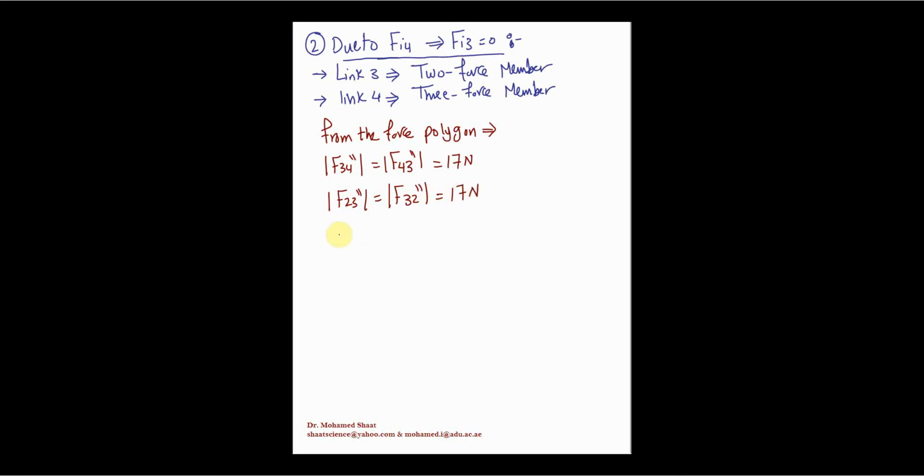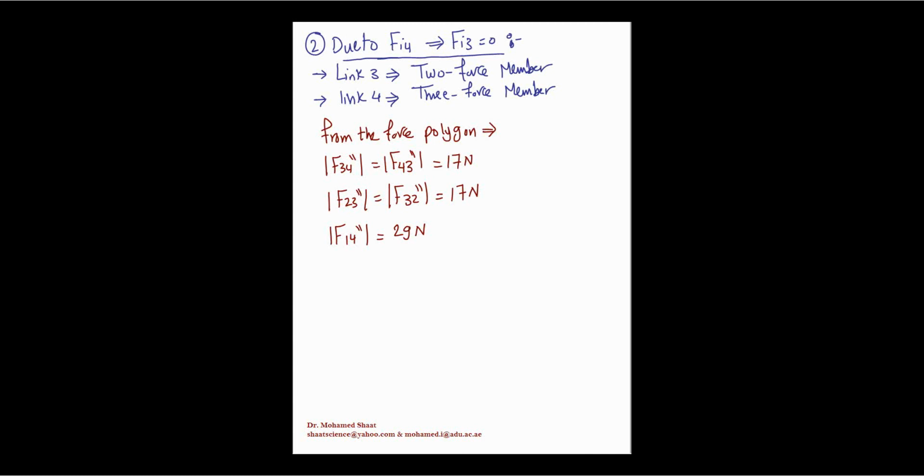So we got them equivalent, and we do have the magnitude of the force F14 double dash, which we got as 29 Newton. So these are the forces that we already got for the second case.